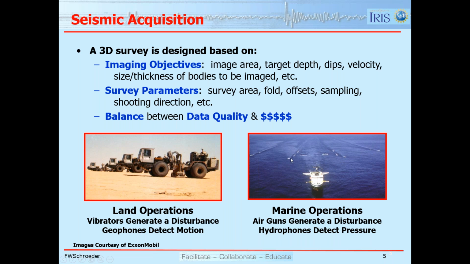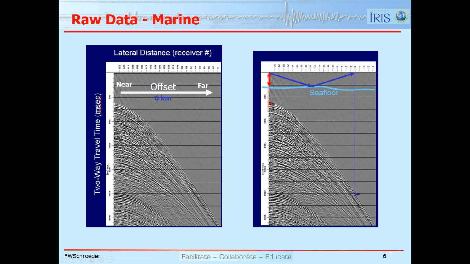These streamers can be on the order of 4 or 5 or 6 or 7 or up to 10 or 12 kilometers in length. So a lot of equipment to keep track of, a lot of effort to figure out how to properly arrange everything so that we get the right data quality in our area of interest.